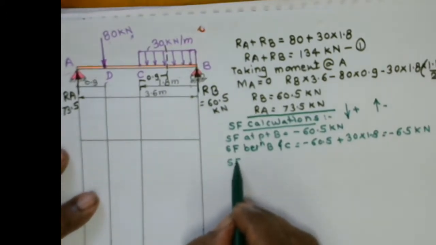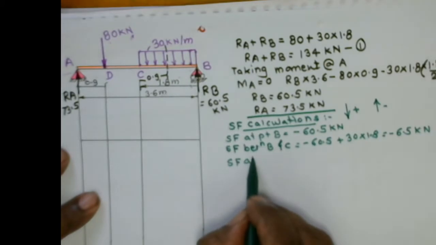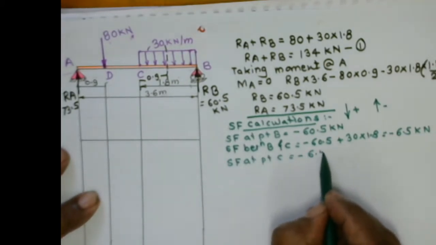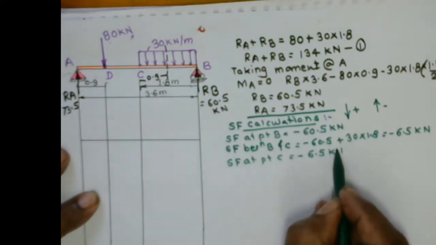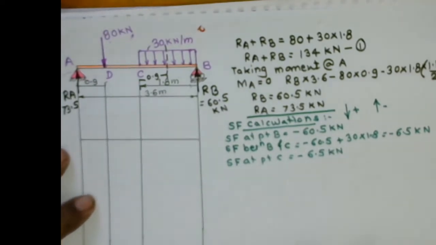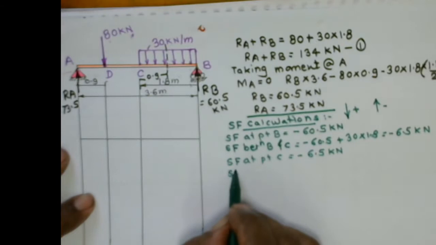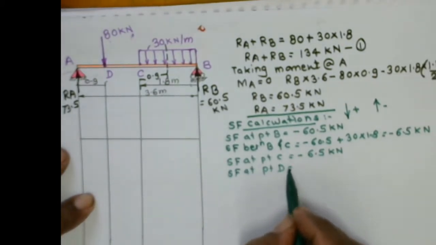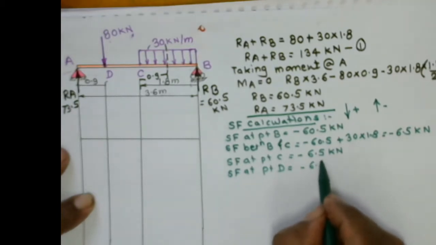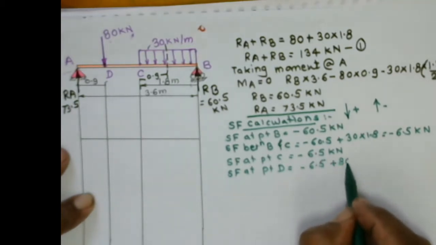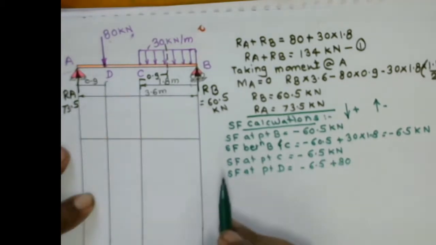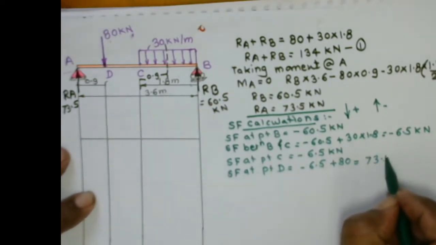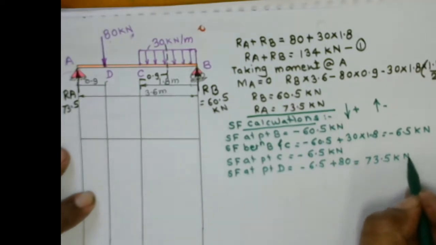Then shear force at point C is again minus 6.5 kilonewton because no load is acting at point C. Then shear force at point D is equal to minus 6.5 plus 80 kilonewton acting at point D, so it becomes 73.5 kilonewton.